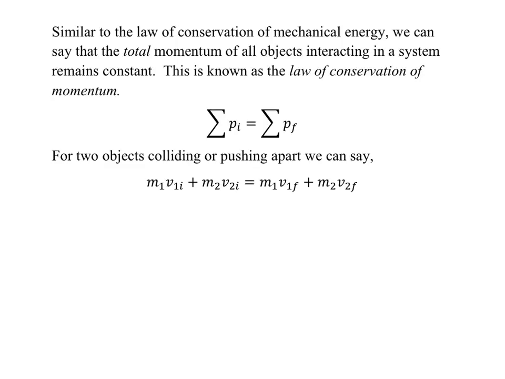So if we think about two objects colliding or pushing apart, let's assume they both have velocities to start. So let's take these erasers. We're going to slide them together, and then they hit, and they kind of rebound a little bit. So initially, this one had negative momentum. This one had positive momentum. That goes in here and here, for object 1 and object 2, before. The equal sign represents the before of the interaction. After the interaction, we have these parts.